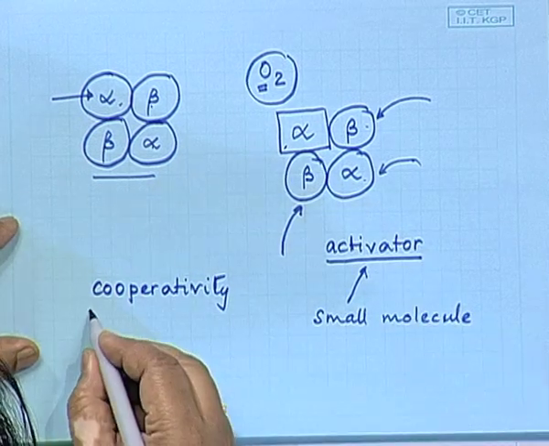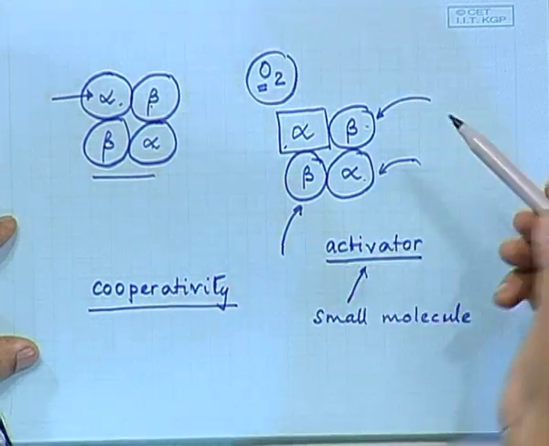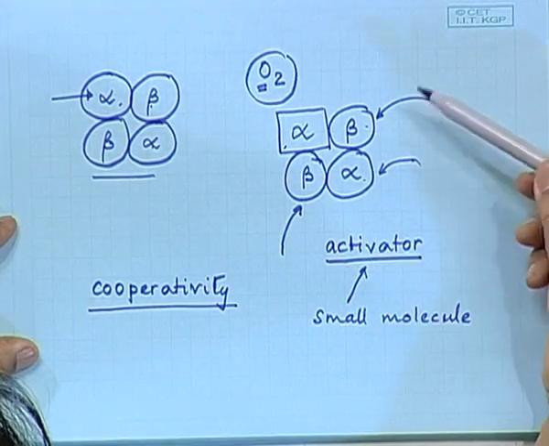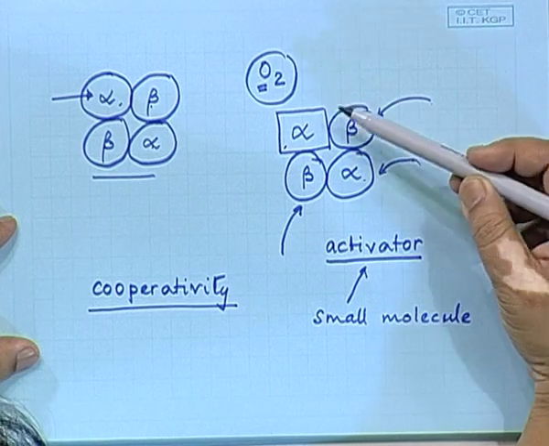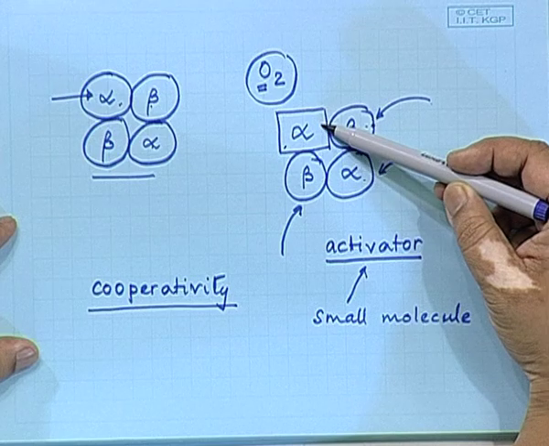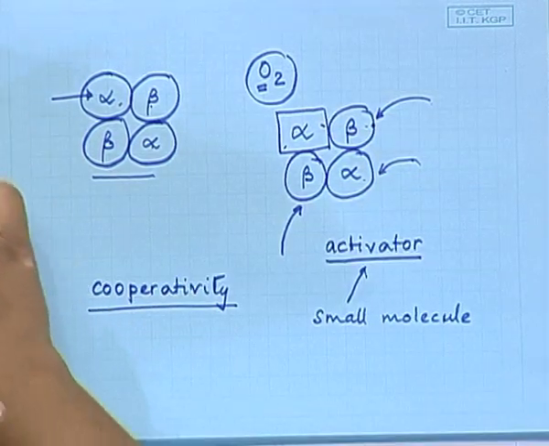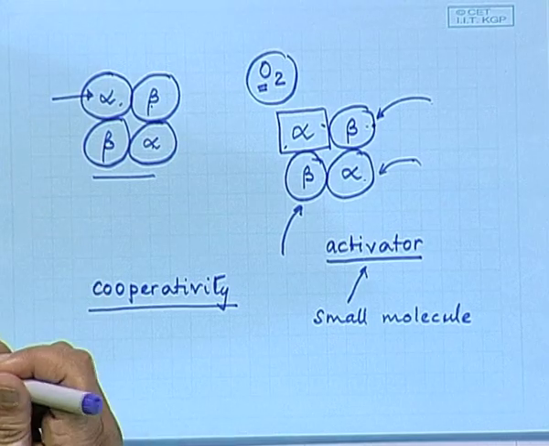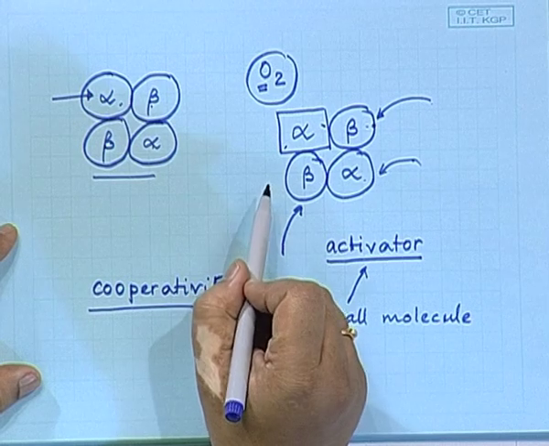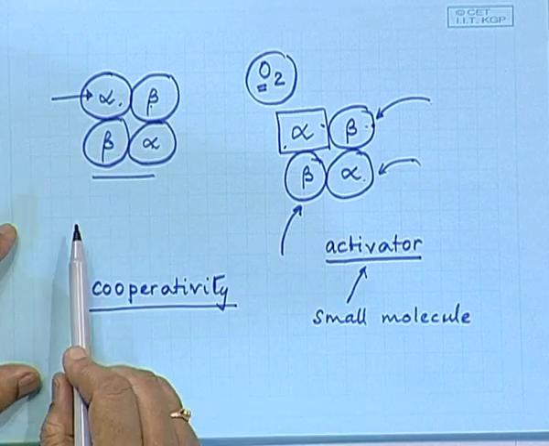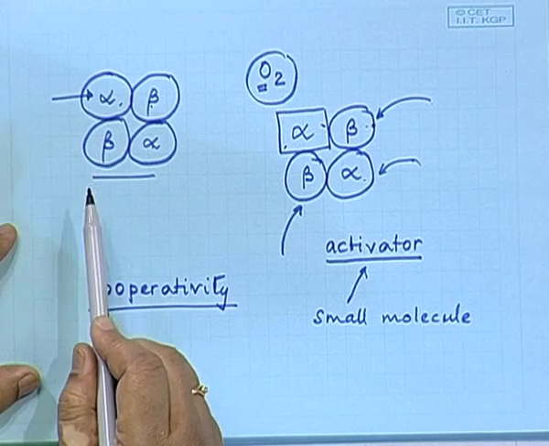But what we mean by cooperativity then is when we have the facilitation of binding of the other ligand molecules that is assisted by the binding of the first one. So, that is what is called cooperativity. There are many enzymes or many proteins actually that show cooperativity, and the ones that show cooperativity are usually multi-subunit proteins.